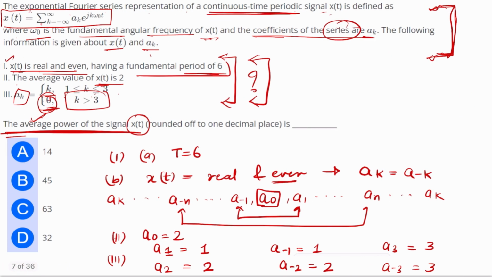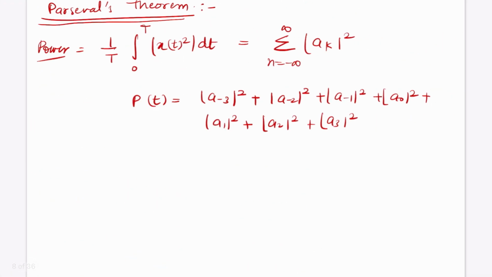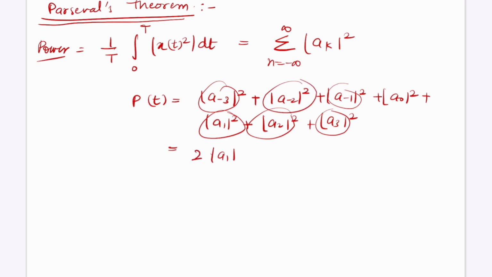All the coefficient values we know, just put them in. I can make it a little easier because I know that a of minus k and a of k are the same. So I can say 2 of a1 square plus 2 of a2 square plus 2 of a3 square plus a naught whole square.